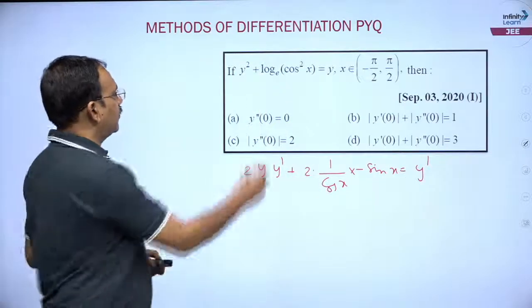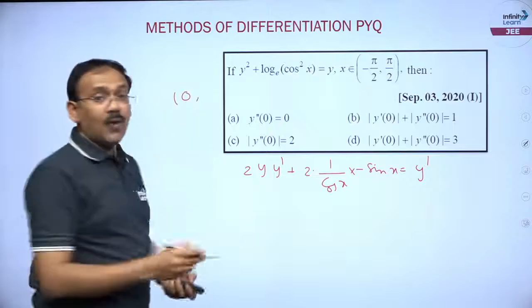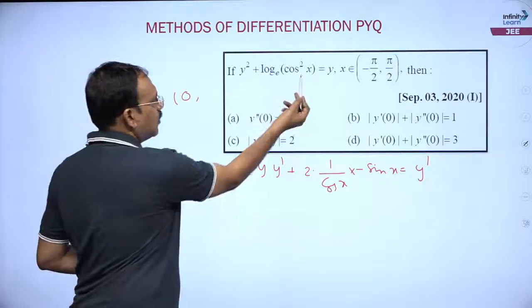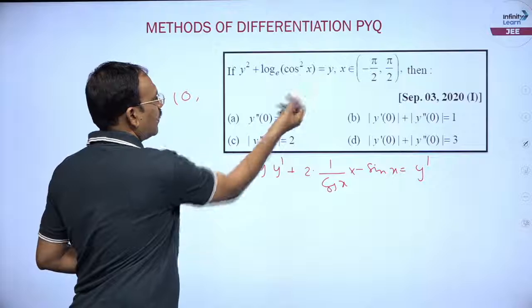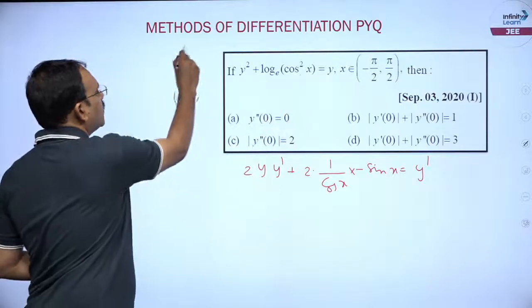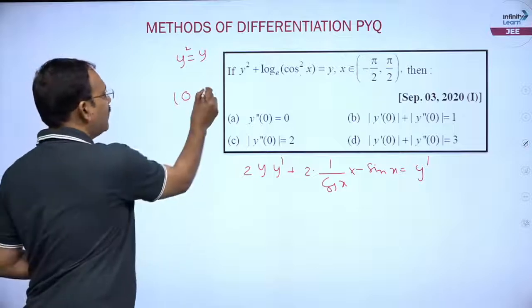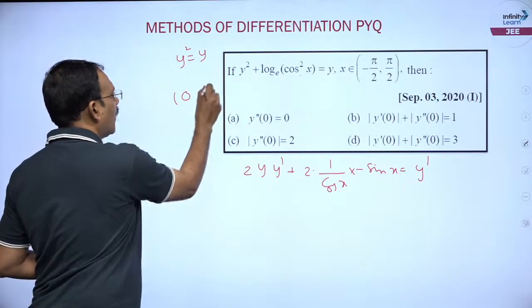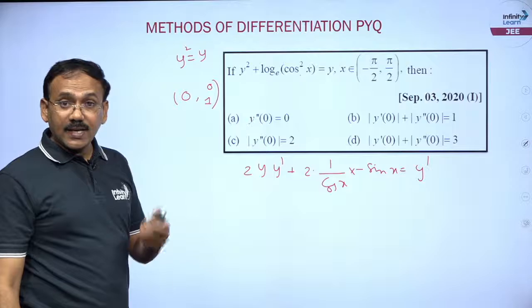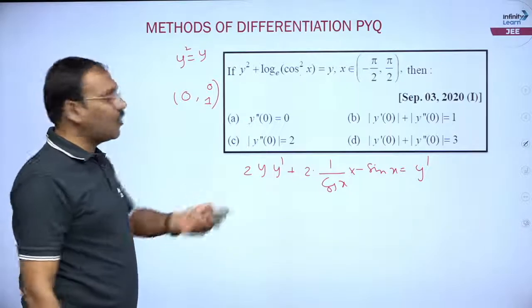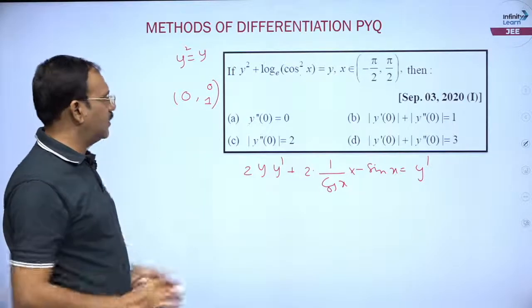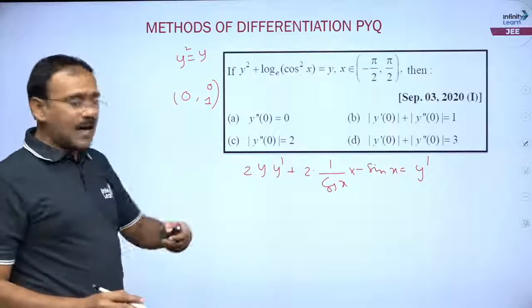According to the problem, when x is 0, what is y? You put x is equal to 0, cos 0 is 1, log 1 is 0, y square is equal to y you will get. That means y can be 0 or 1, two possibilities. Now you want y dash of 0.